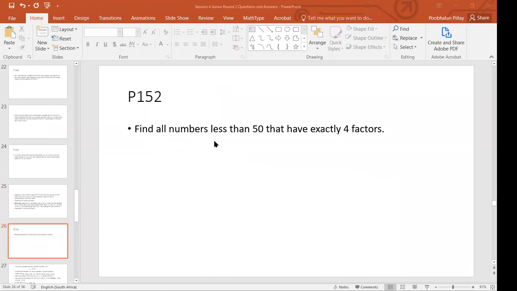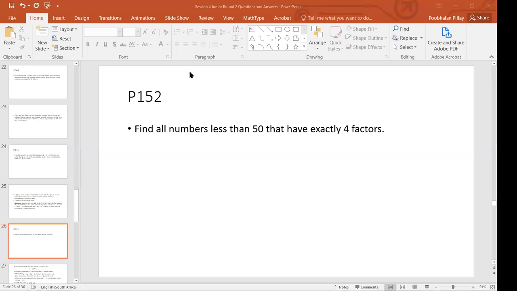There's 152. It's an interesting problem. I'm going to explain this because we haven't done any problems like this, so I'm going to take maybe 5 minutes to give you the background. You can study the book.